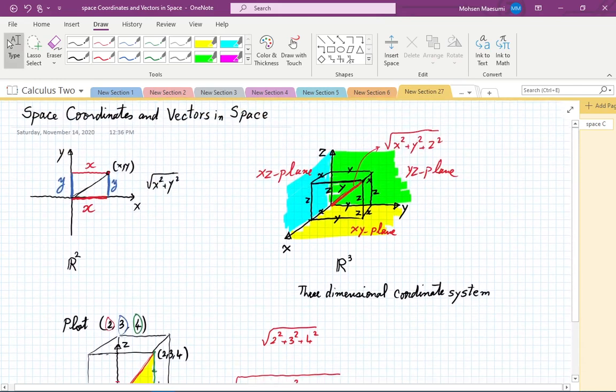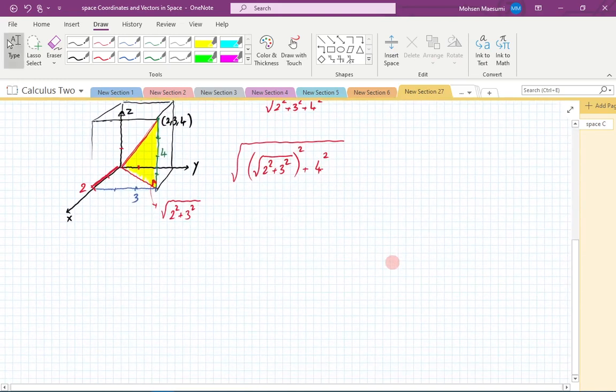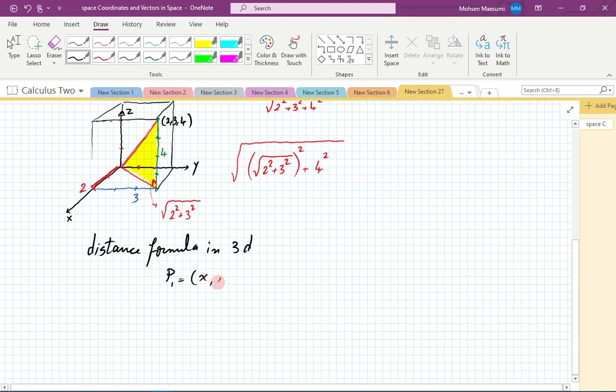So what we have is a Pythagorean formula in 3 dimensions, and let's apply it to distance. So let's make a distance formula in 3D. Suppose I have a point P1, which is (x1, y1, z1), and a point P2 that is (x2, y2, z2).